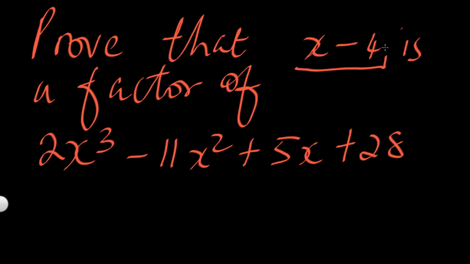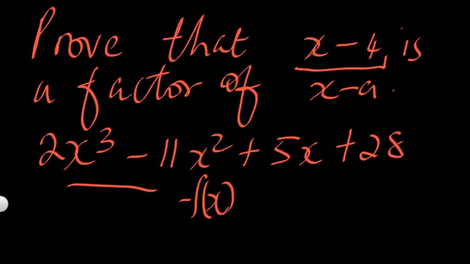This here is our x minus a. So this is x minus a, and the polynomial is our f of x. We want to prove that x minus 4 is indeed a factor of 2x cubed minus 11x squared plus 5x plus 28. We want to prove that, and we're going to rely on the factor theorem.